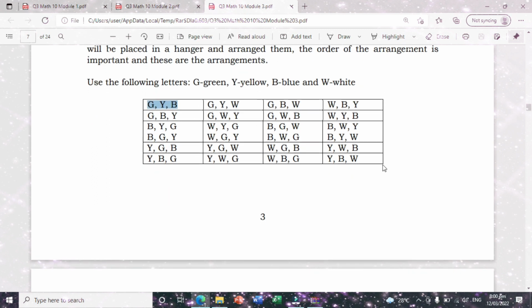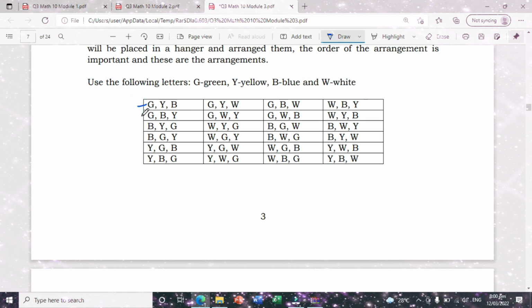Kung titingnan natin, ilan lahat yung makukuha nating arrangement. So bibilangin natin 1, 2, 3, 4, 5, 6. Okay. So 6 dito sa first column. Yung sa second column, 6 din. Third column is 6. Tapos, yung fourth column natin is 6.